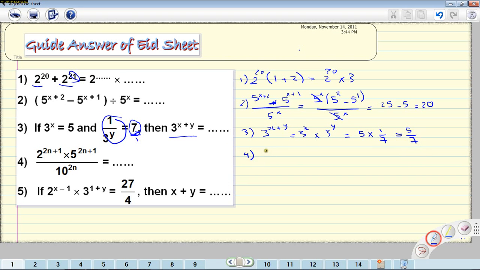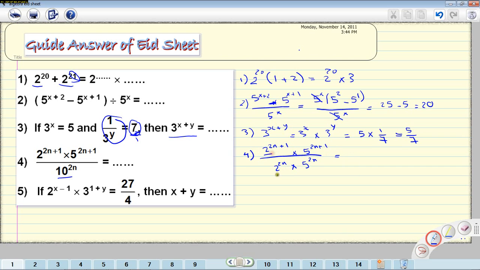Number 4, I'm going to factorize 10, so the numerator is 2 to the power n plus 1 multiplied by 2 to the power 2n plus 1, over 2 to the power 2n times 5 to the power 2n. I have equal bases up and down.